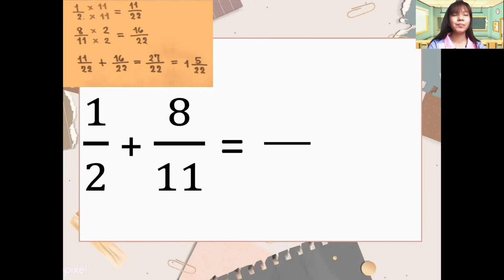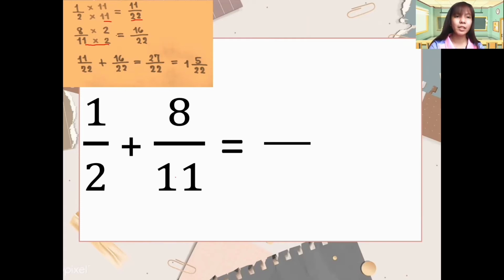Okay, this time we have to change each fraction. Alright, so for 1/2, we have to make the denominator 11 times bigger, so multiply it by 11 here, to make it 22. And then the 11, we have to multiply it by 2 here.